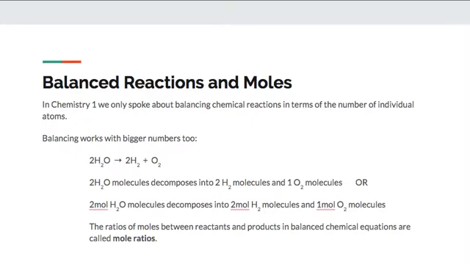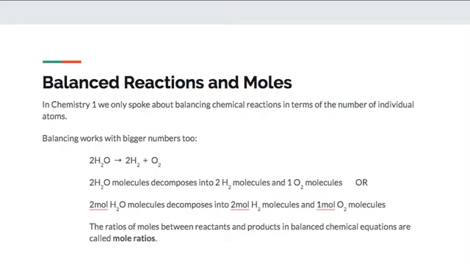So while what we did is we said the equation 2H2O yields 2H2 plus O2 would mean that there are 2 H2O molecules decomposing into 2 H2 molecules and 1 O2 molecule. It also means, or it could mean, that you have 2 moles of H2O molecules decomposing into 2 moles of H2 molecules and 1 mole of O2 molecules.